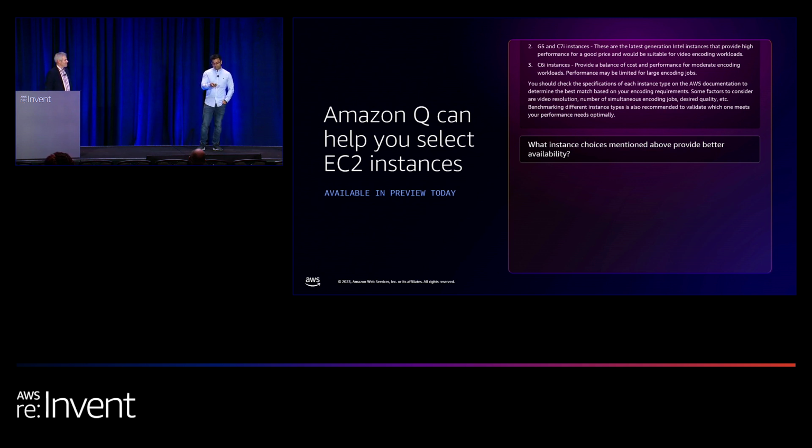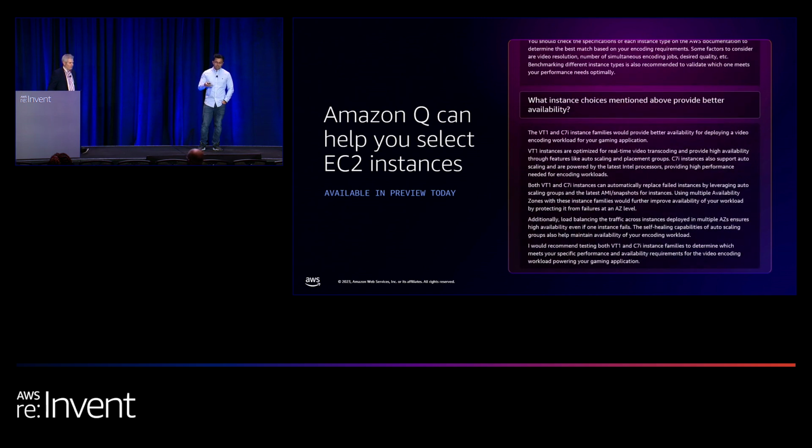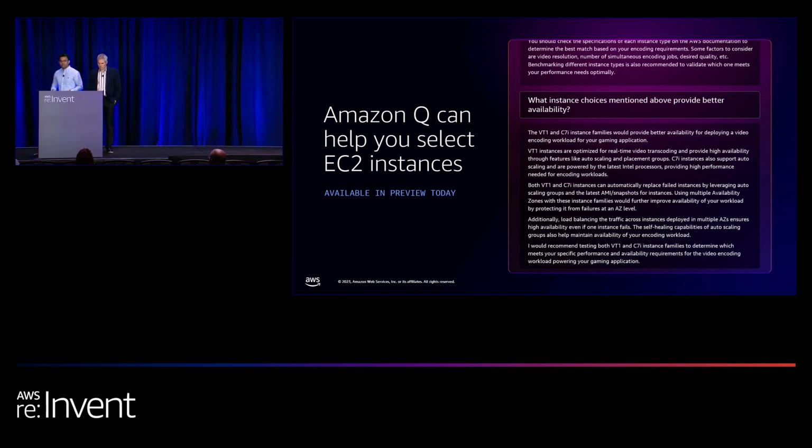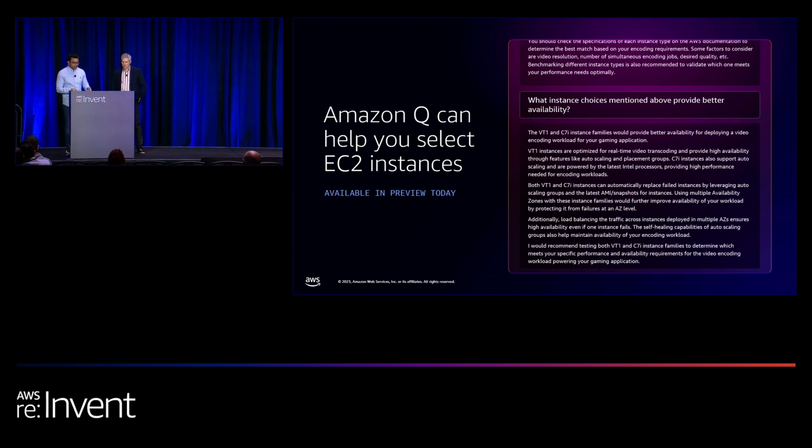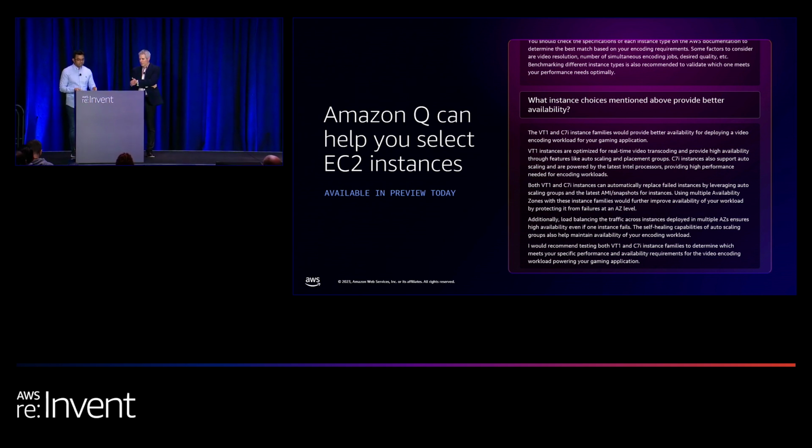So I give that, and what it does is it takes the context from before, digs deep, gets the availability information for these instances, and then recommends instance suggestions with proper reasoning. So these are the two use cases I wanted to talk to you about, to give you an idea how you can interact and get answers.